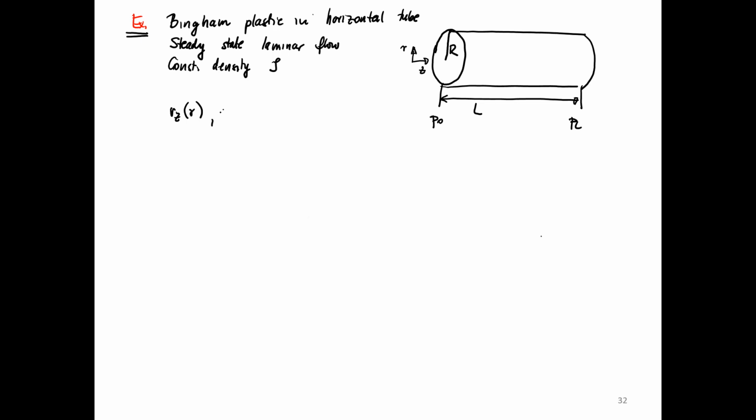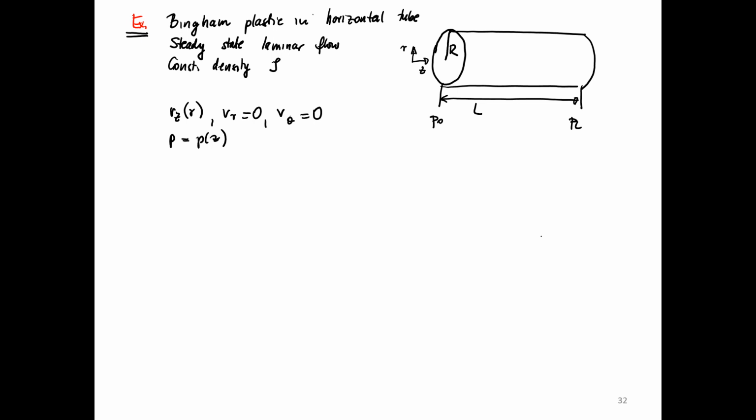So I'm going to assume that VR is zero, and nothing is rotating, so my V theta is zero. And my pressure is a function of Z. So those are pretty much the same assumptions as my flow of Newtonian fluid, which was in vertical tube.